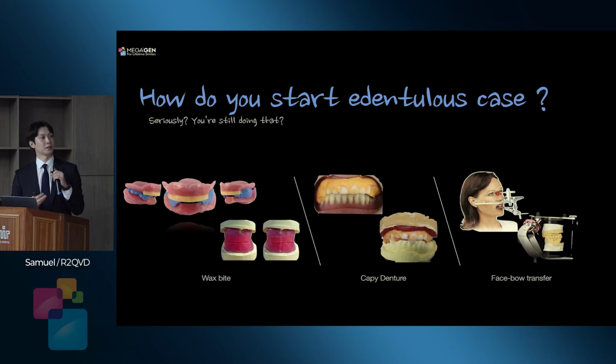And if we need the condylar position for the vertical dimension or hinge axis, or if you need a better occlusion, at that time we have to do a baseboard transfer like this. But normally, we use the wax bite way.